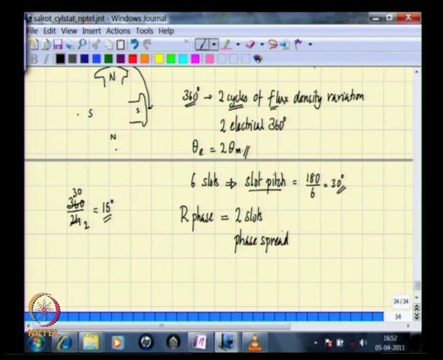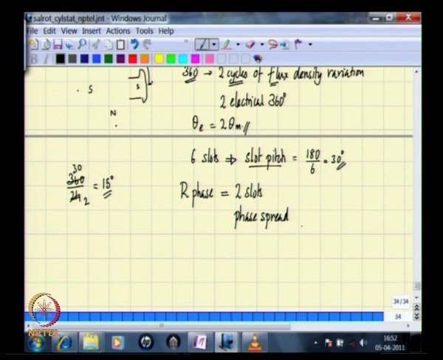I am sure you would have looked at all this in your earlier courses on electrical machines. This is just to review and recollect the terms involved in electrical machines. So, in this animation what we have seen is a 60 degree phase spread winding. The winding occupies 60 degrees of phase spread.